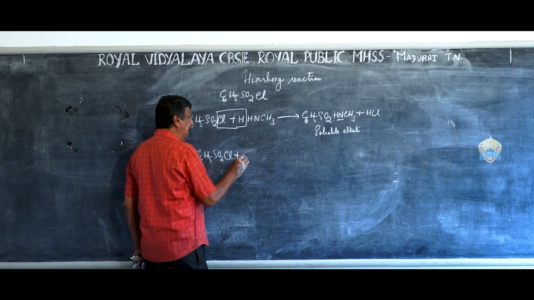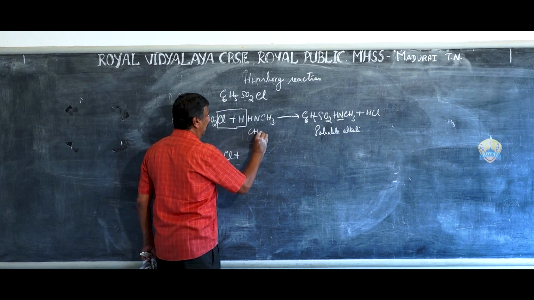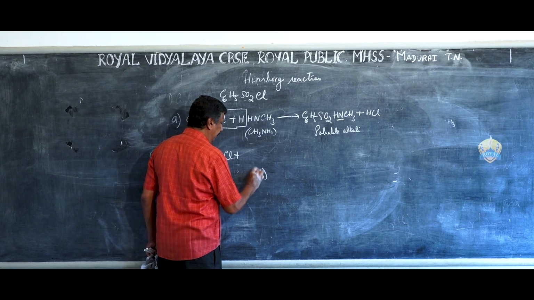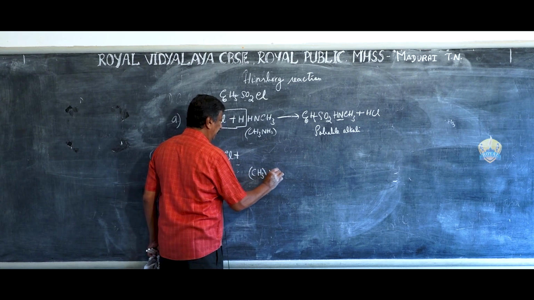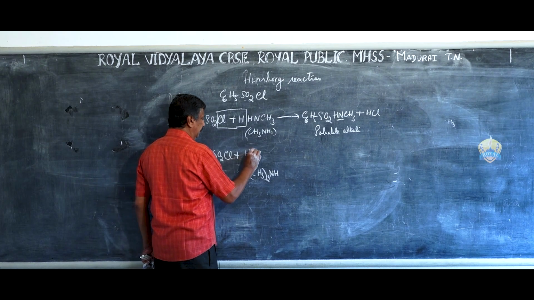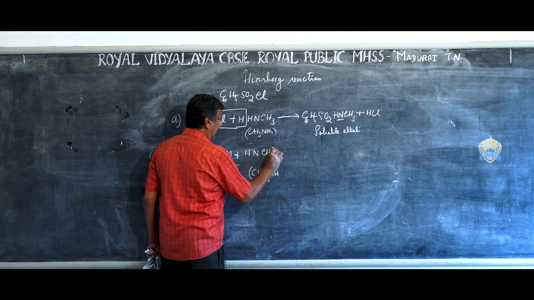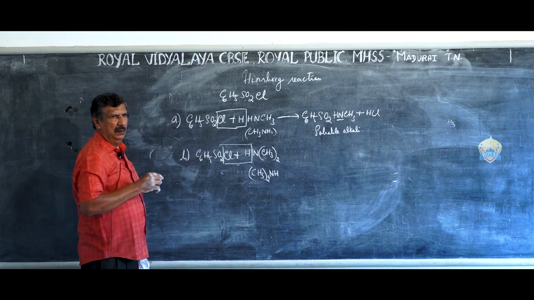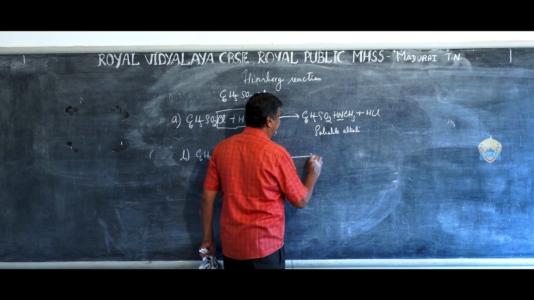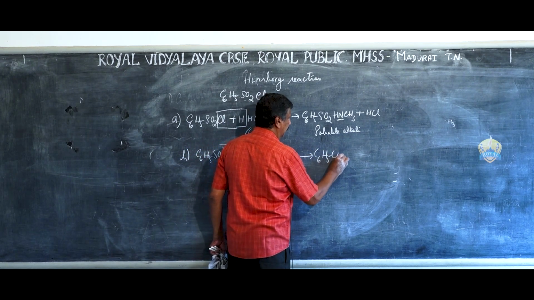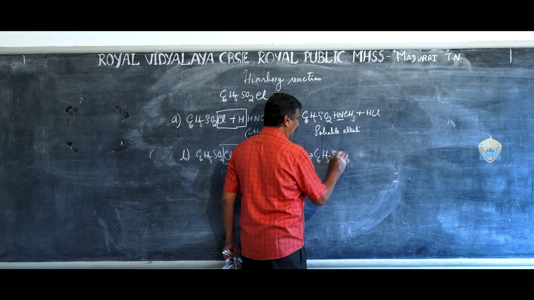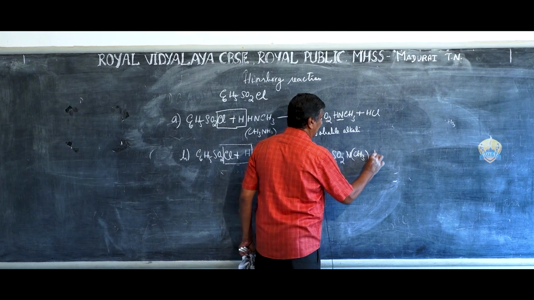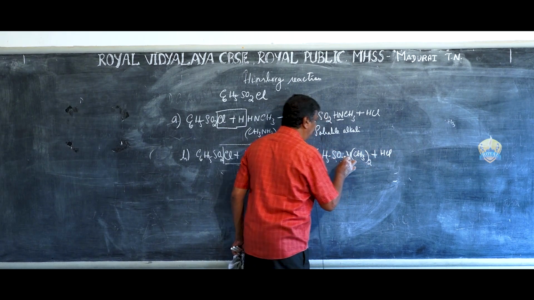Second one, B, the same reaction with secondary amine. So, this is primary amine. Now, I am going to write for secondary amine. As usual, you remove the HCl and write the product. What is the name of the compound?